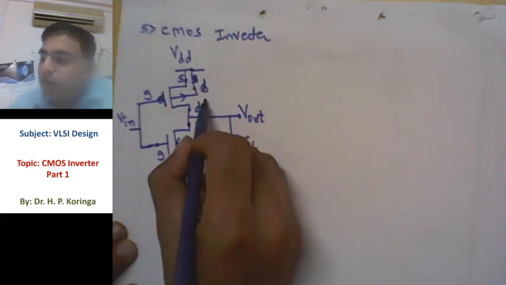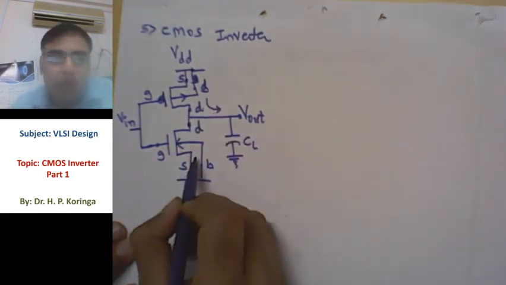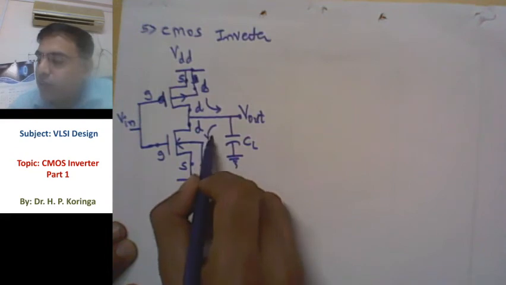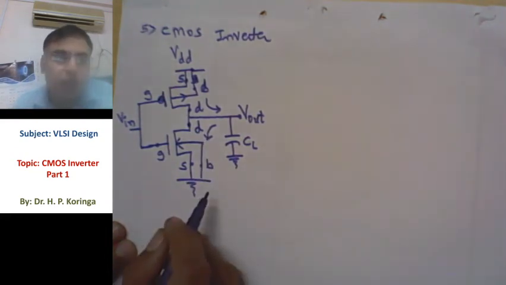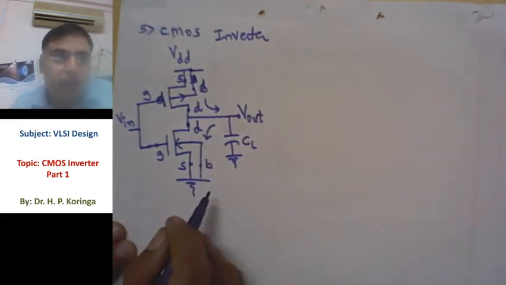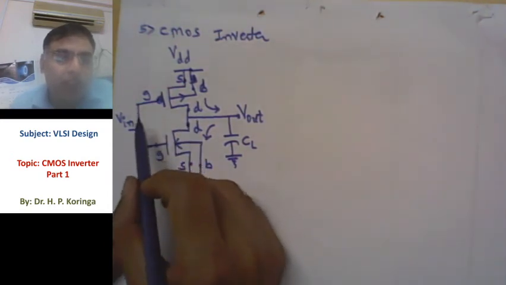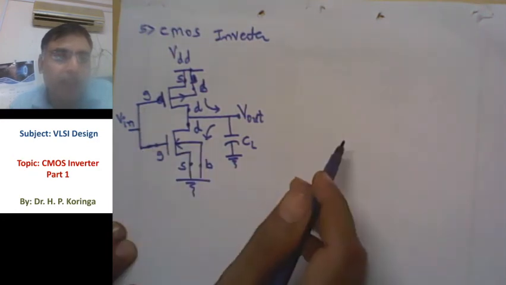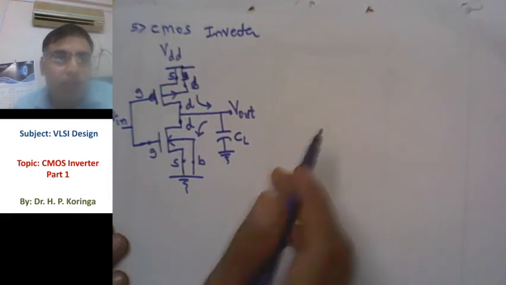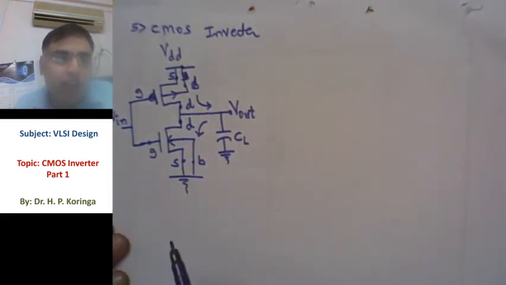Through the PMOS, it pulls up the output, and through the NMOS it pulls down the output. What we have changed from the PMOS as a pull-up device is that instead of connecting the gate to ground, the gate terminal of the PMOS is connected at Vin. By changing this, let me see what the beauty of this circuit is and what advantage we get.